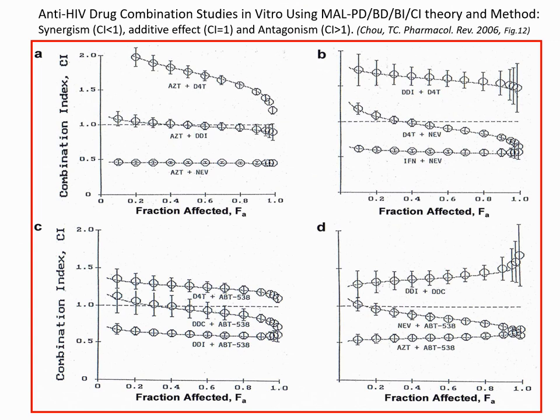These are examples of FACI plot of anti-HIV 2 and 3 drug combination, showing synergism or antagonism. Most of these results came from my collaboration with Professor Martin Hirsch of Infectious Disease Unit, Mass General Hospital at the Harvard Medical School.